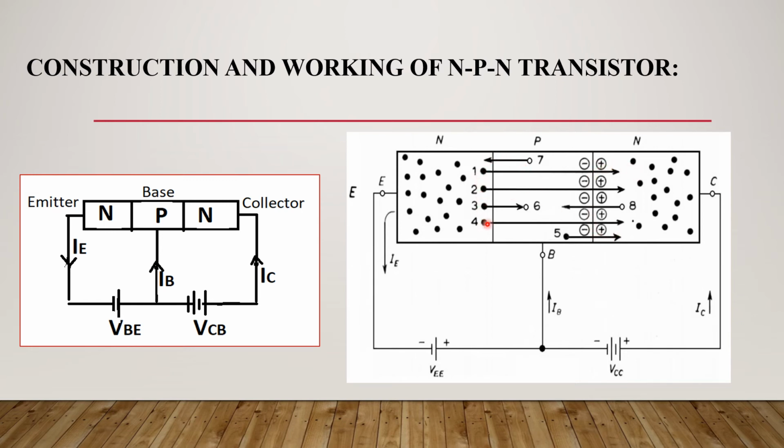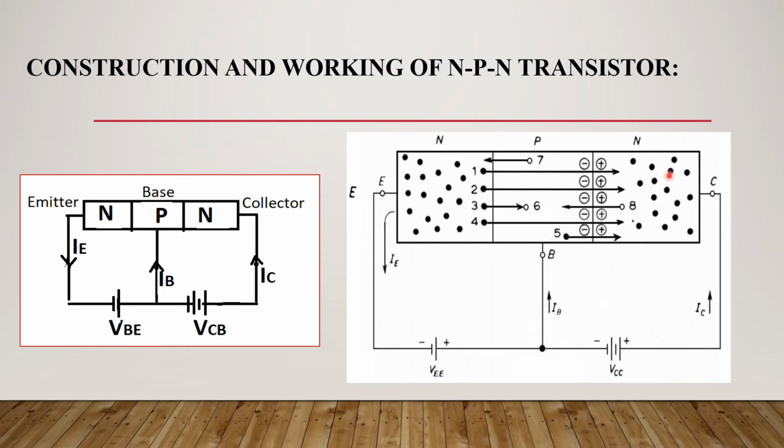It means electrons and holes crossing this junction are more, whereas the electron hole combination passing this junction is less. The difference of these two currents in the base region makes the base current, that is IB. This IC is less than IE. As I told you earlier, IE is equal to IC plus IB, and IB is very, very small. So ultimately IC will be less than IE.